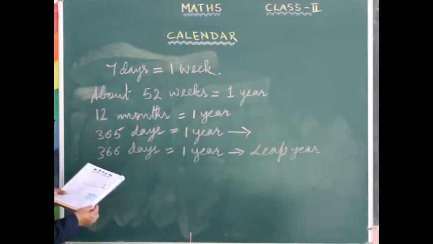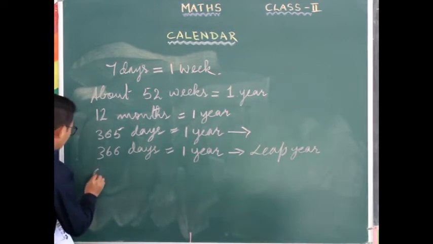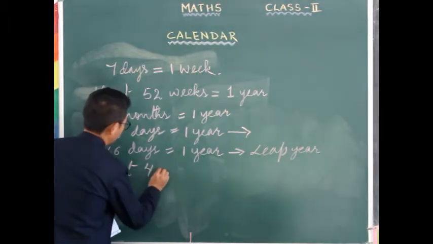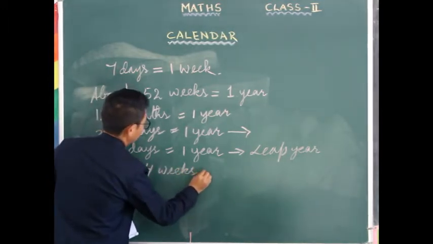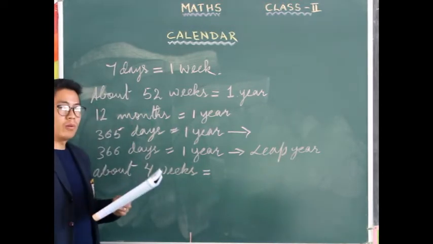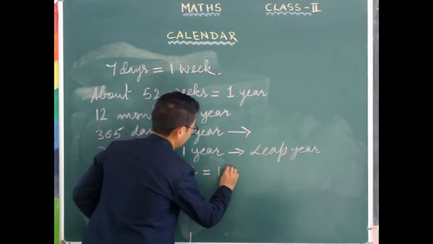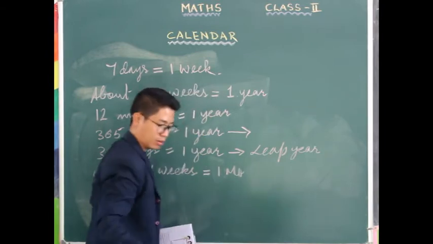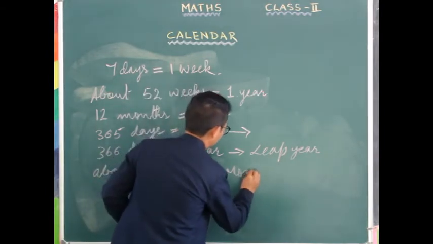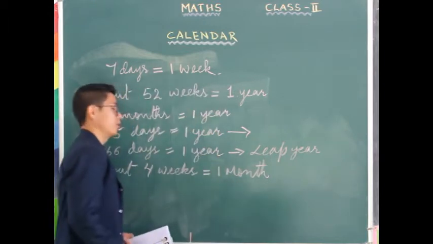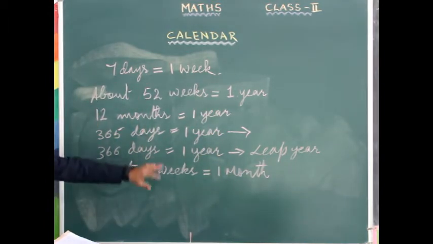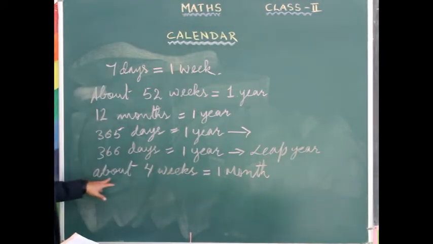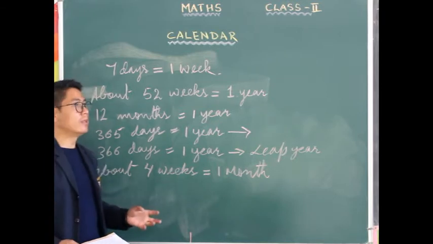Okay, next thing is about 4 weeks. About 4 weeks equals 1 month. If somebody asks you how many weeks are there in 1 month, you can say about 4 weeks are there in 1 month.